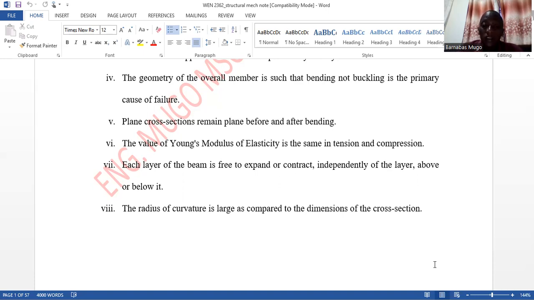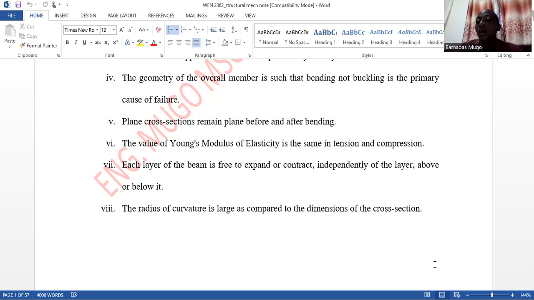We are also assuming that the radius of curvature is larger as compared to the cross-section dimensions, as we are going to see later. When you bend the beam, we are going to have a curvature. That is the center of curvature, because the beam is going to look like an arc, and therefore the radius of curvature is going to come from the center of curvature to the neutral axis.